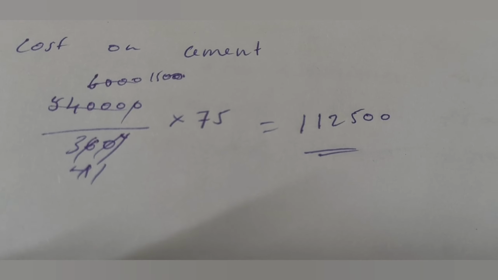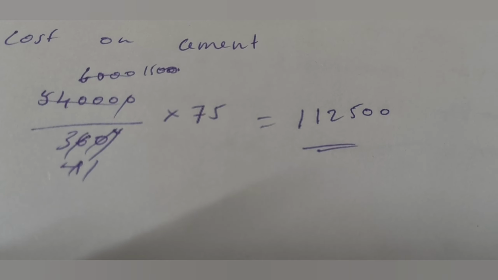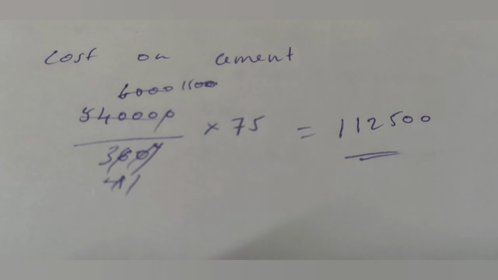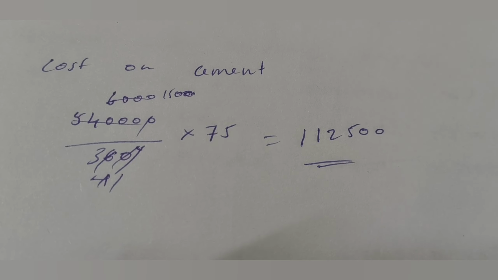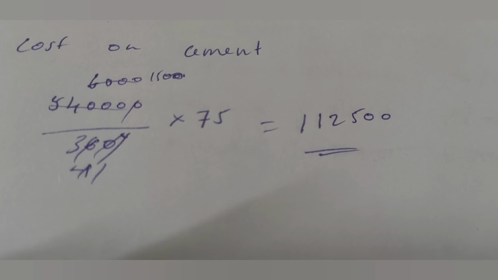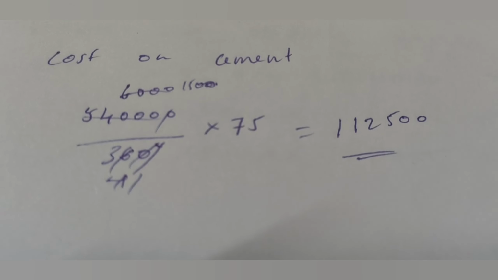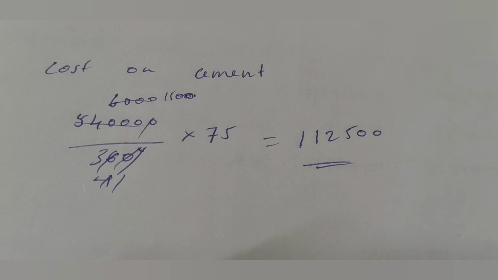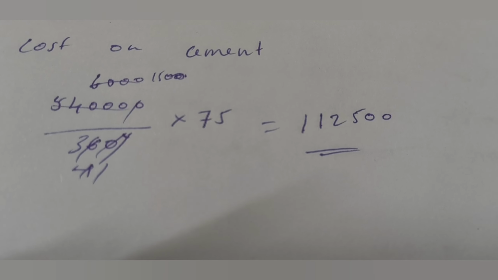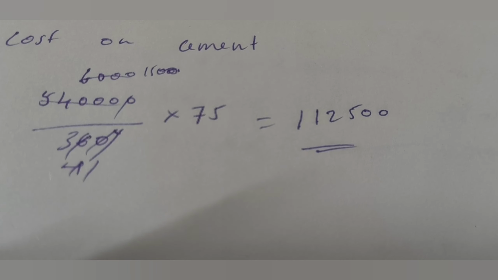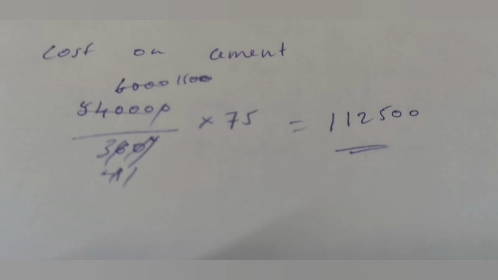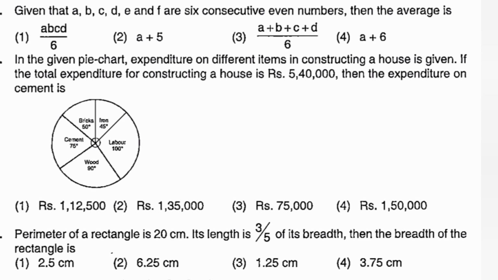Because the whole angle in that pie chart will be 360 degrees. So 5,40,000 is the total expenditure and we have to find it for the 75%. So 5,40,000 into 75 divided by 360. So the answer will be the first one, 1,12,500.